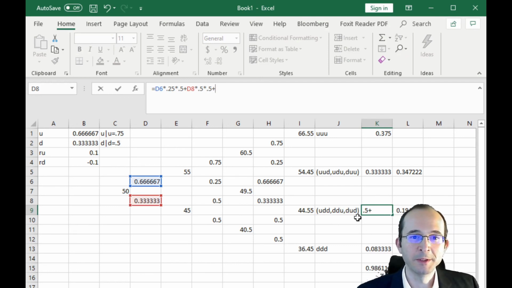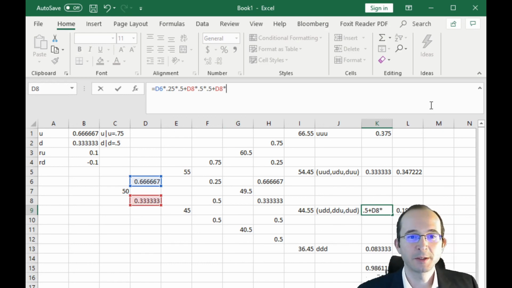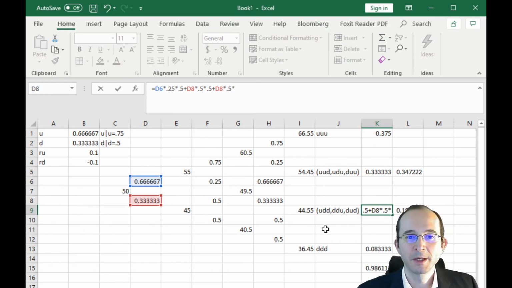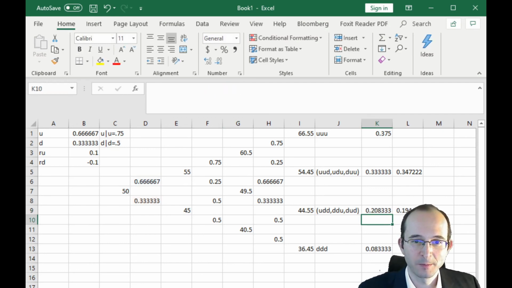And finally, what about the DUD path? Well, the probability of going down in the first period is 33%. Having gone down in the first, the probability of going up in the second is reduced to 50%. And then having gone up in the second, the probability of going down in the third falls to 25%.